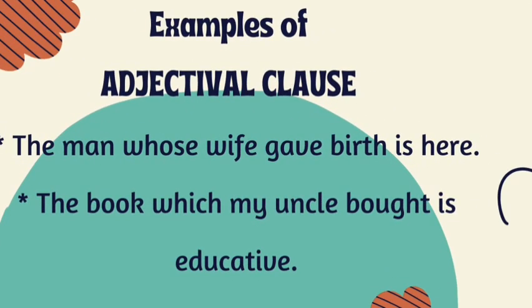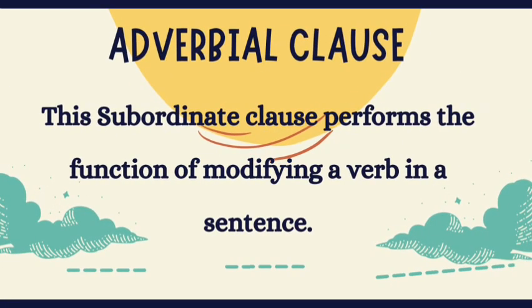Now, let's take a look at examples of an adjectival clause. The man whose wife gave birth is here. Whose wife gave birth is telling us more about the man. The book which my uncle bought is interesting. It's telling us more about the book.